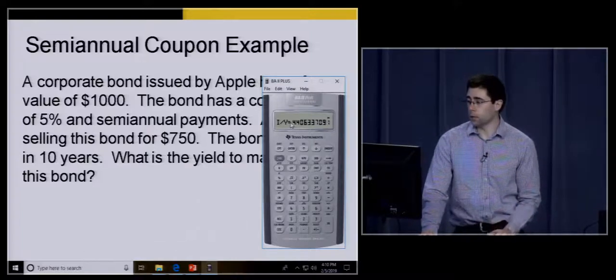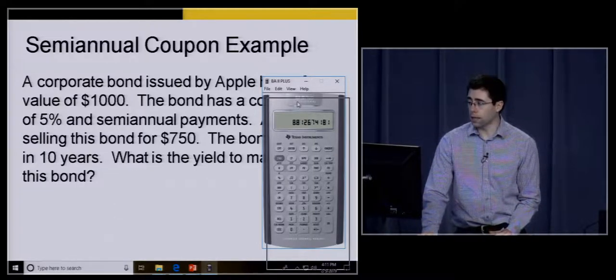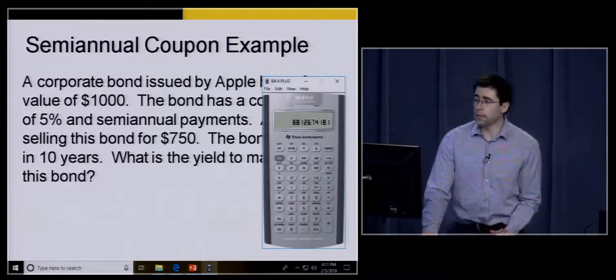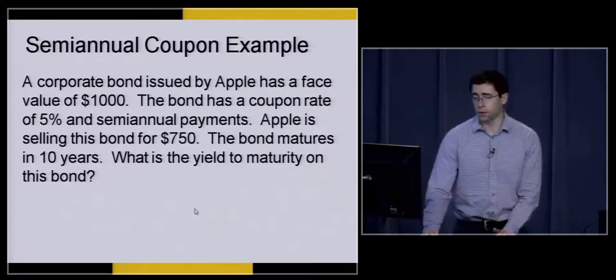So that's what I'm going to do. Multiply by 2, and what this tells us is that our yield to maturity is 8.81%. This is in percentage terms, just because it came out of the I divided by y button. So our yield to maturity, or our compensation for investing in this bond, is about 8.81%.